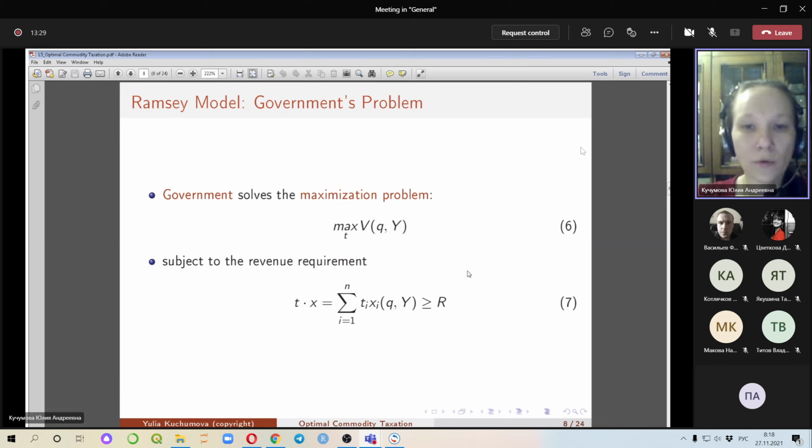So the problem is written as: we maximize the indirect utility function by choosing taxes, or rather choosing prices, because Q, the price of a taxed good, is just 1 plus T. So there's no basic difference whether we choose taxes or prices.